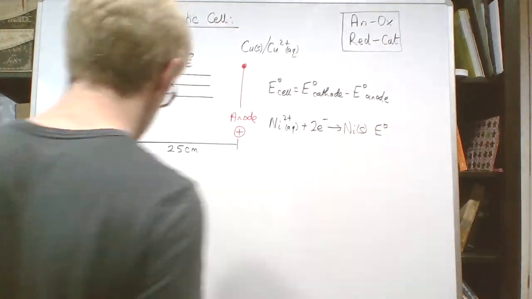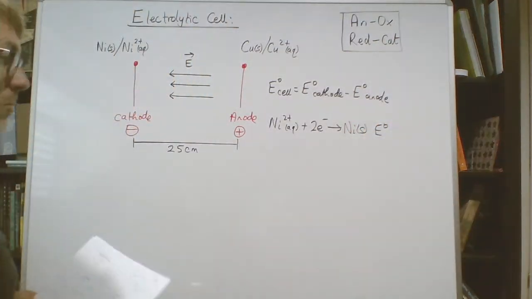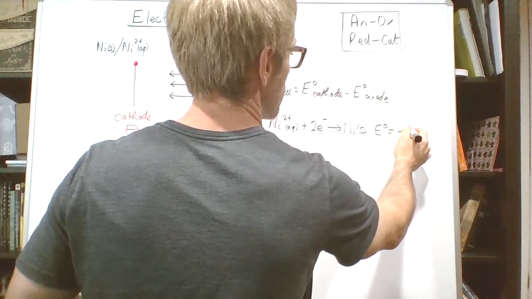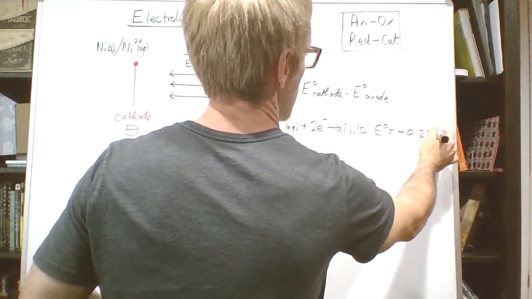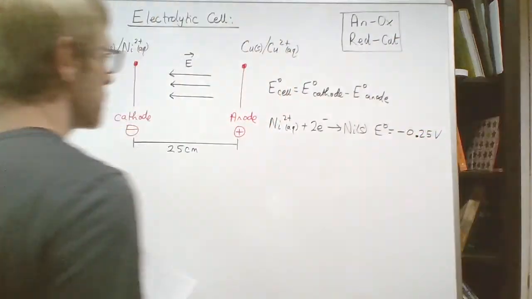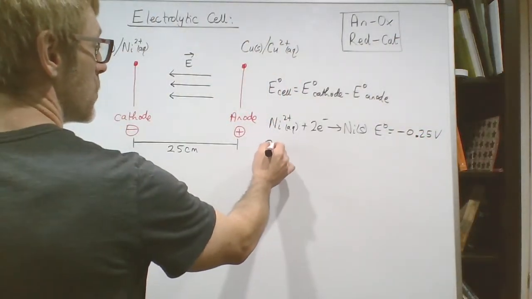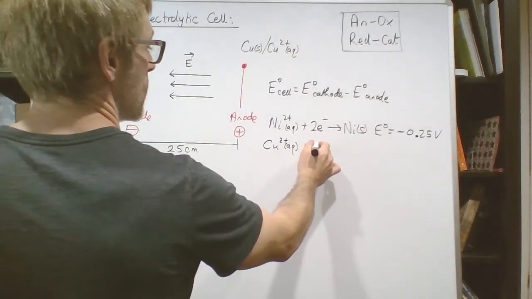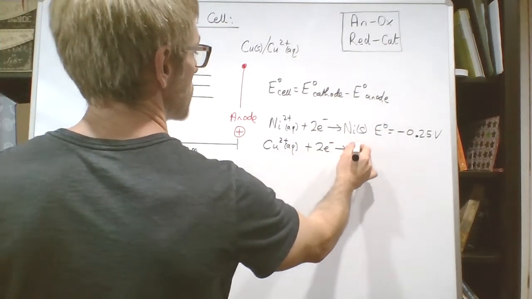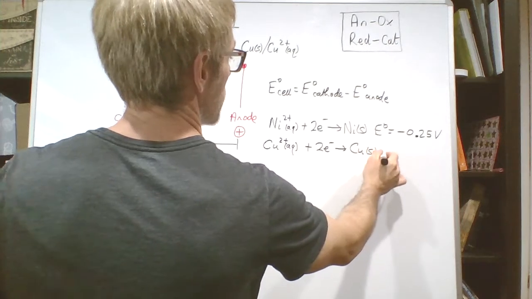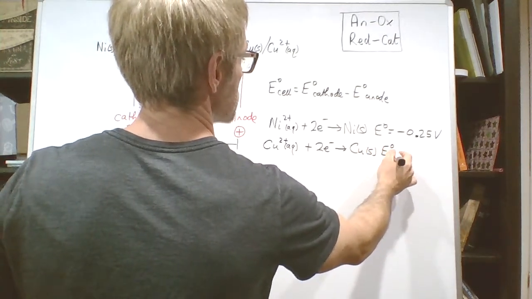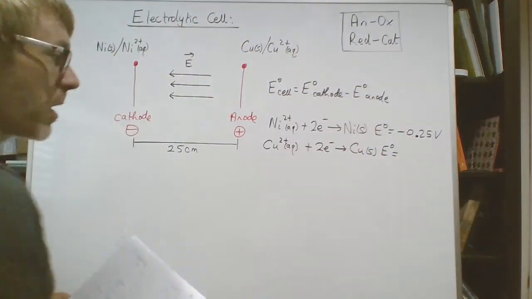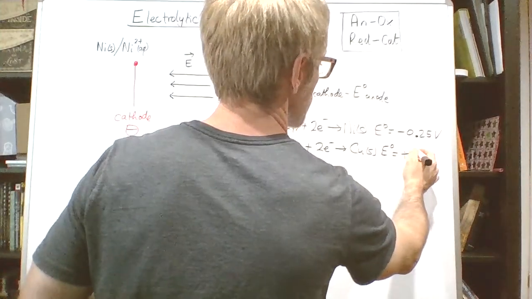Here the standard reduction potential is negative 0.25 volts. For copper, we have copper 2+ aqueous plus 2 electrons to give copper, and here the standard reduction potential is positive 0.34 volts.